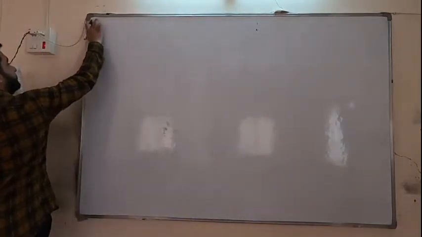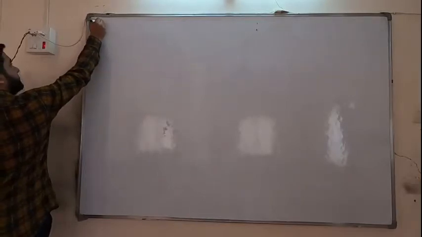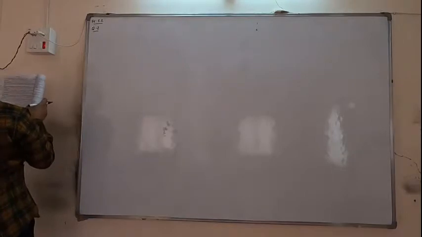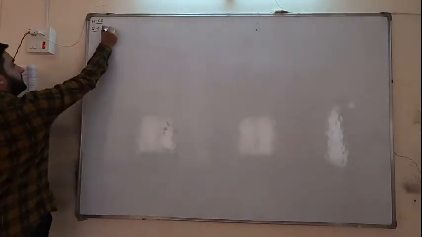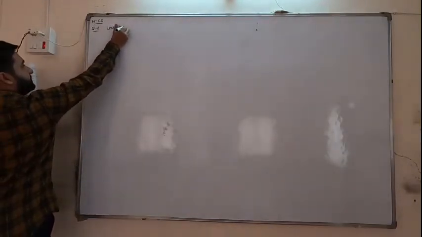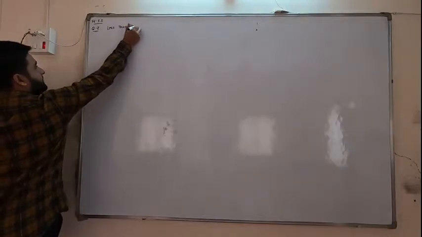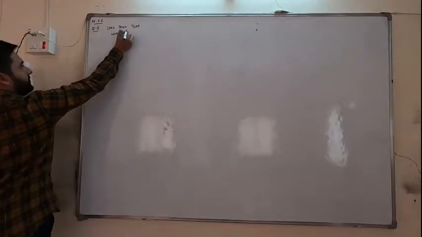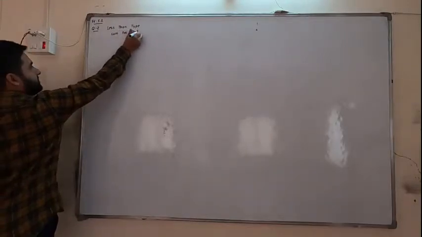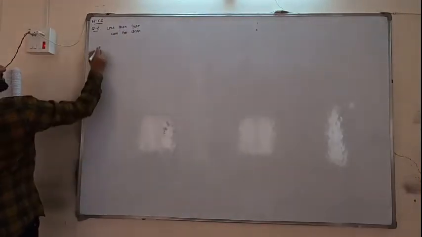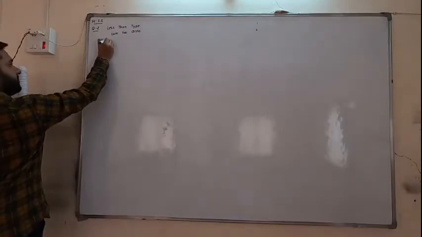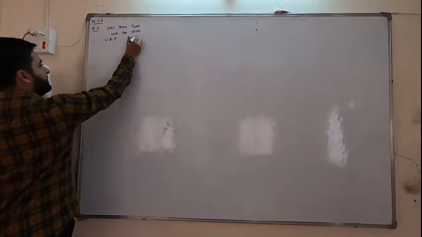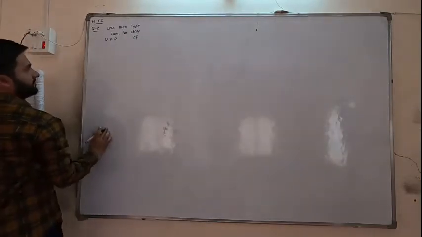So exercise 5.2, question number 2. For that I will give the heading: less than type cumulative frequency distribution, which has all the upper boundary points, with the first one being the lower boundary.